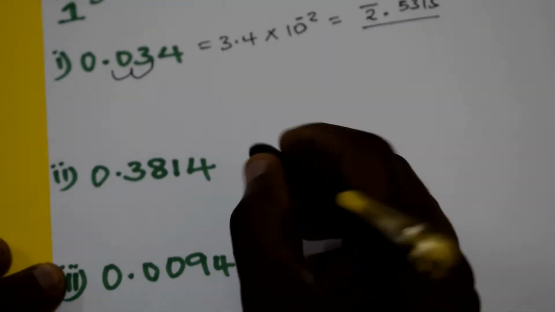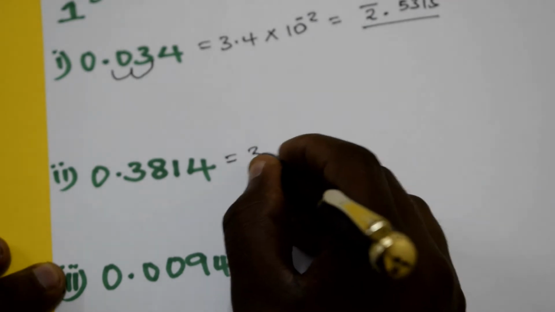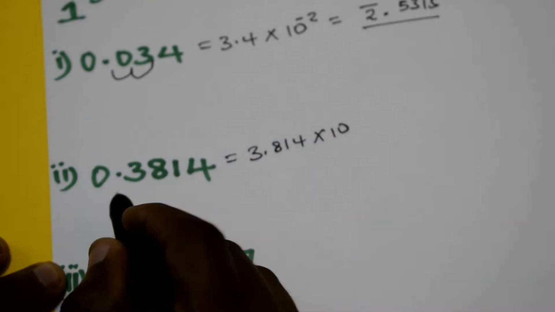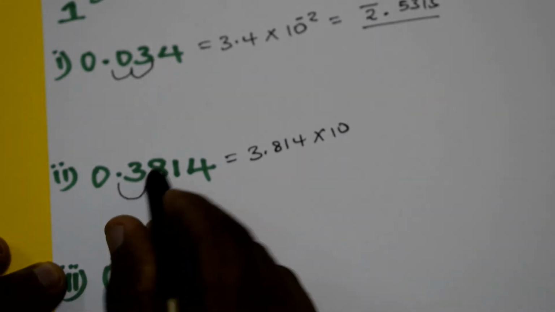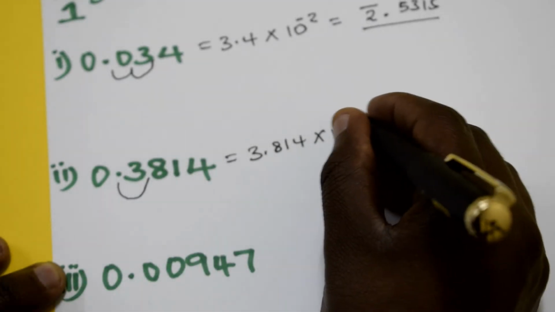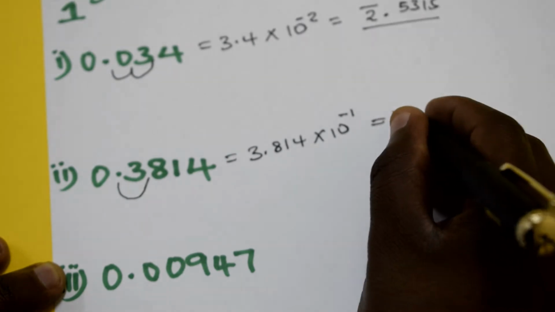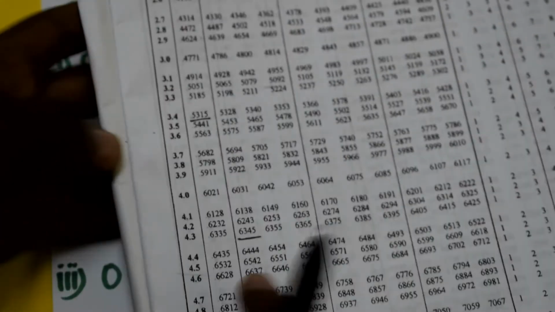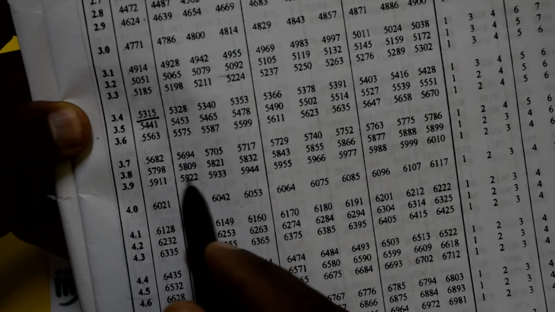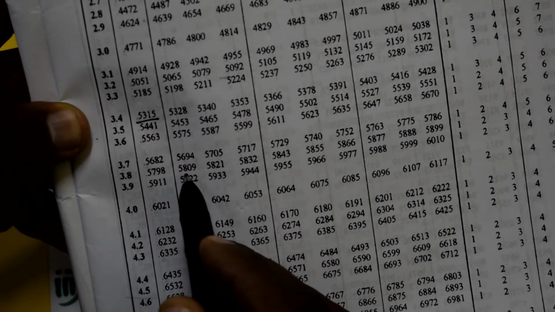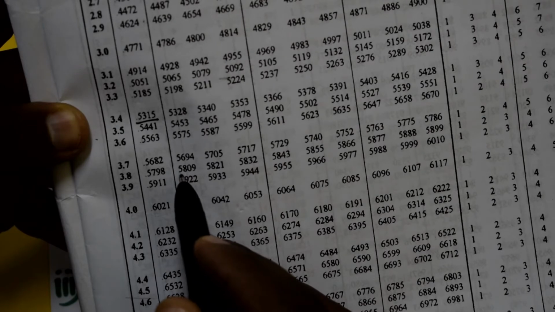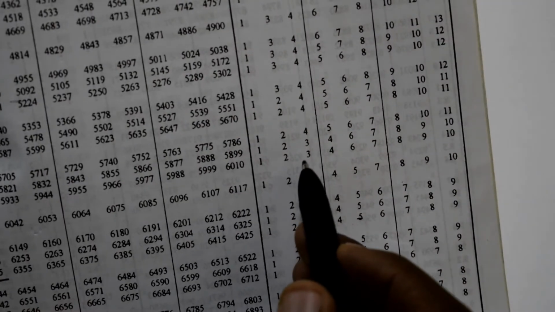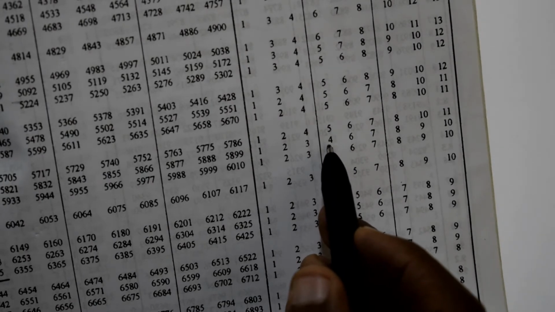The next number we have is 0.3814. We write this as 3.814 multiplied by 10 power, the decimal moves 1 step, so -1. So this will be bar 1 point. Again, 3.814: we go to 3.81, then where 4 is, 4 will give us 4.